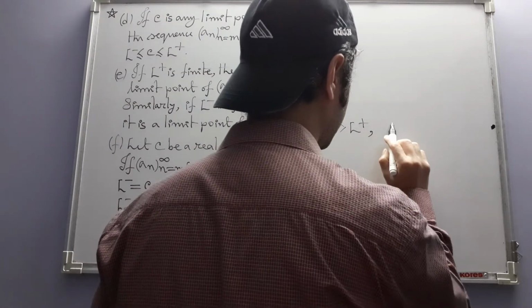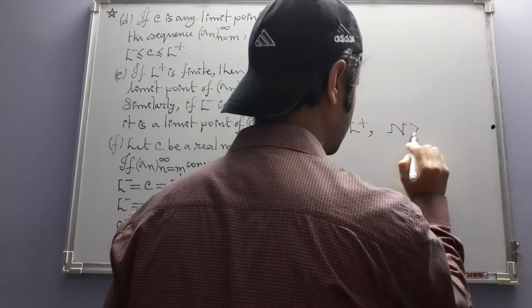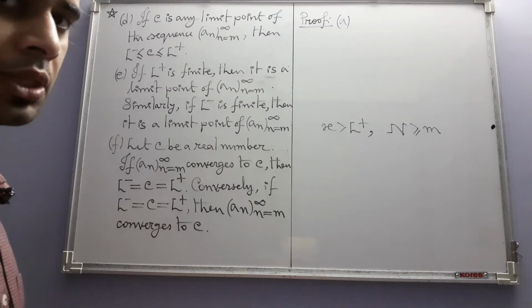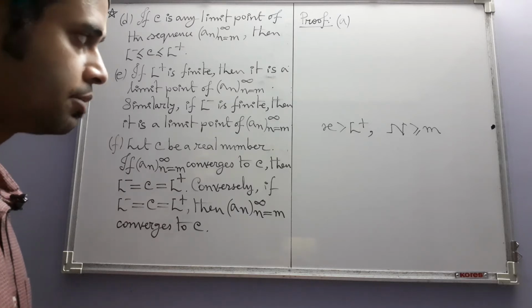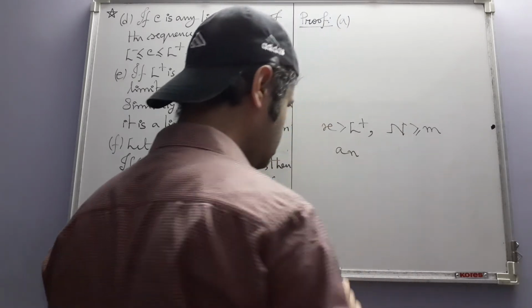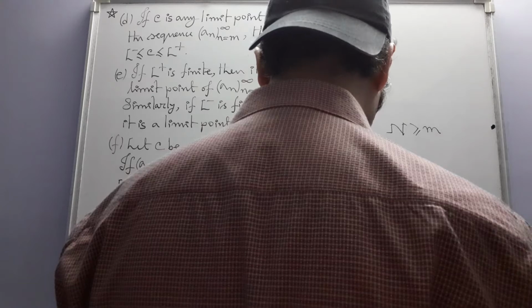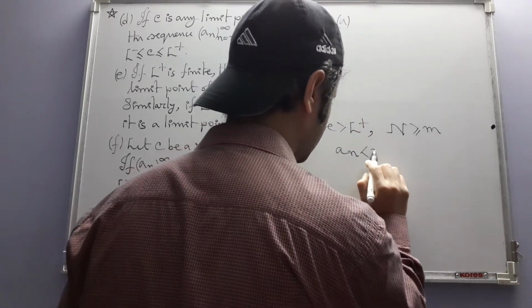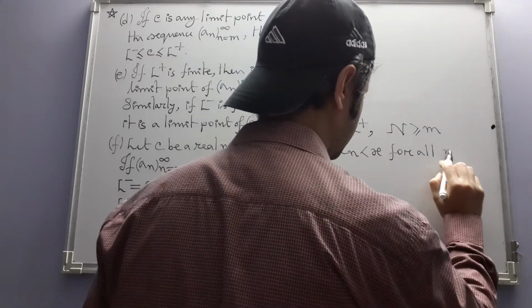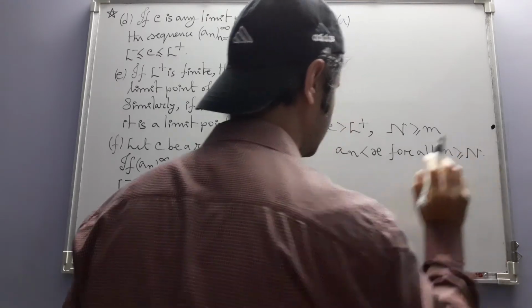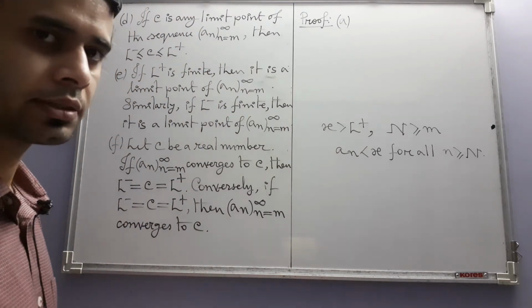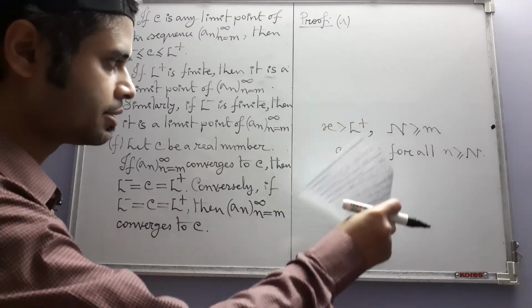Then we have to prove that there exists an integer capital N greater than or equal to m, the smallest index of the sequence, such that the terms an are less than x for all n greater than or equal to N. That means the sequence is eventually less than x.